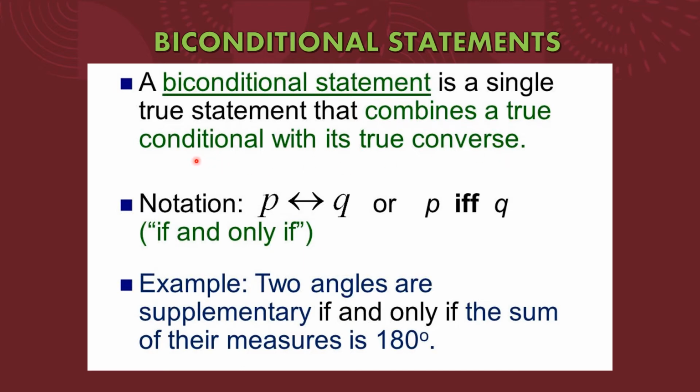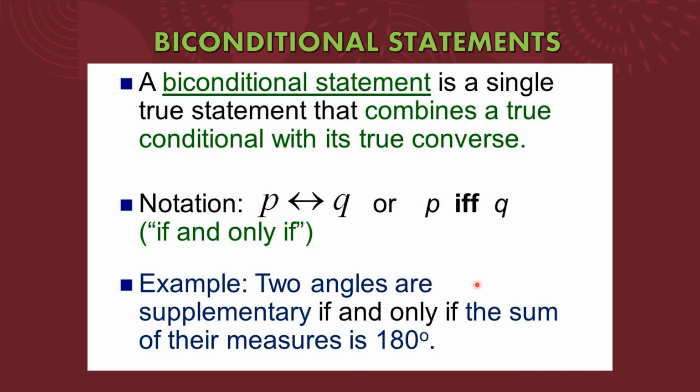First, the conditional statement should be true and the converse statement should also be true. A biconditional statement is written in the form P if and only if Q. This is how we write it in symbol. P if and only if Q.